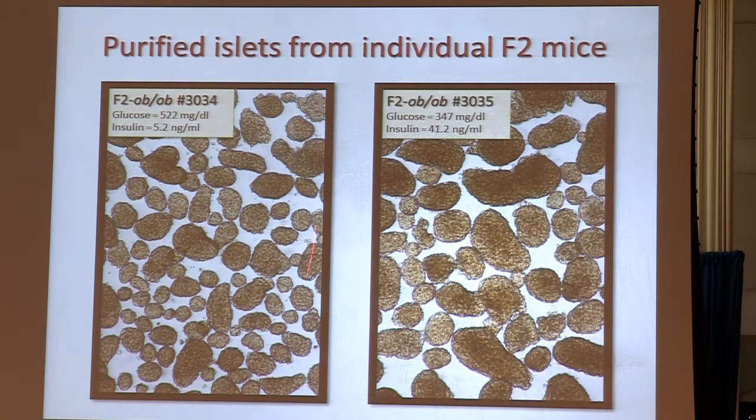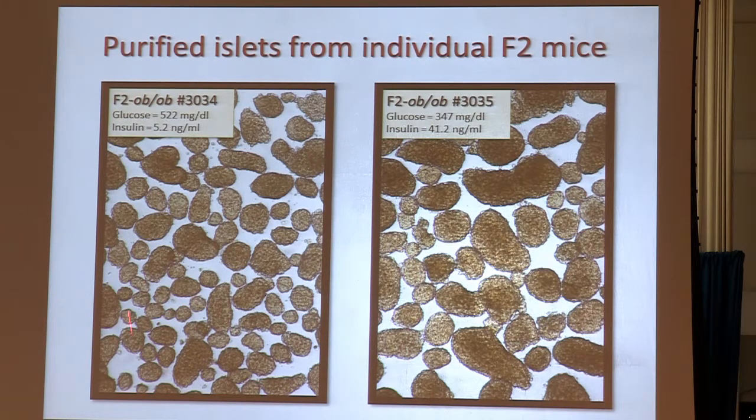These are islets from one F2 animal that happened to have very high glucose and low insulin. Whereas these islets are from a different F2. In fact, this was a cage mate of this animal, as judged by its number, has lower glucose and much higher insulin. And you can just see that they're bigger, they're juicier, they just look better.